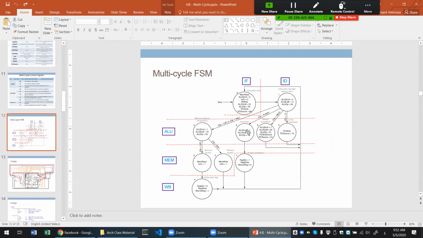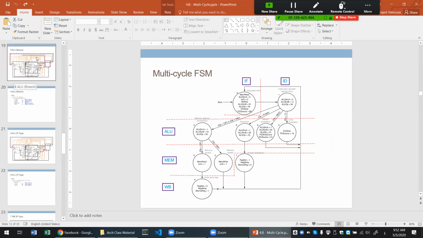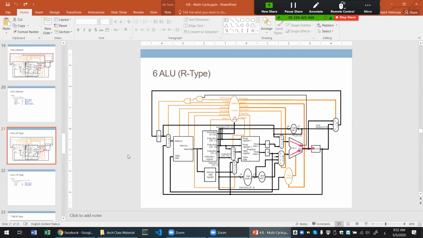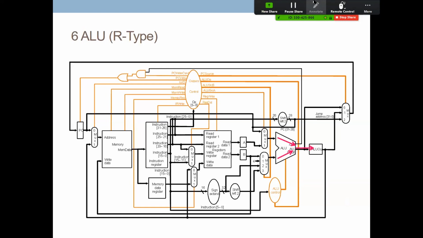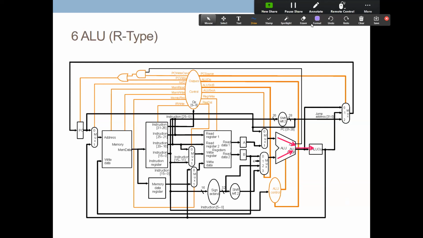Next, what we want to do is to start looking at لو كان عندي R type أو load أو store. So we'll first start the R type. هلا الـ R type لما تروح على الـ ALU so what do you want to do انت فعليا بالـ ALU what you want to do انه actually to execute هل subtract ولا add.